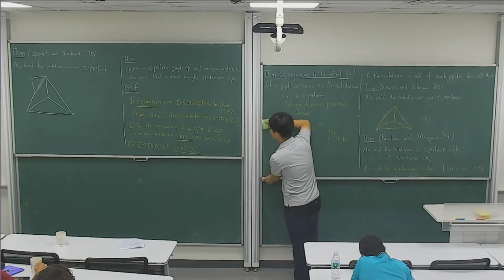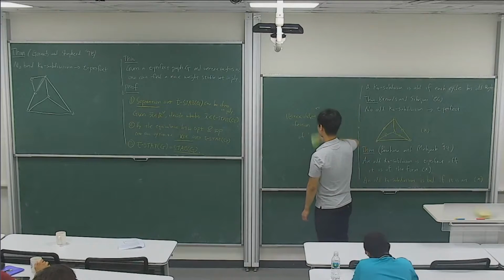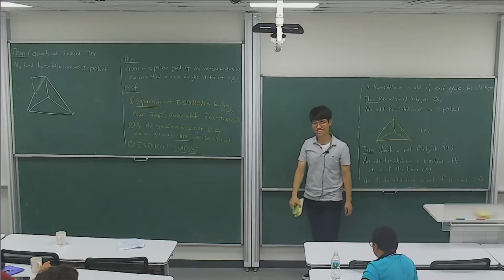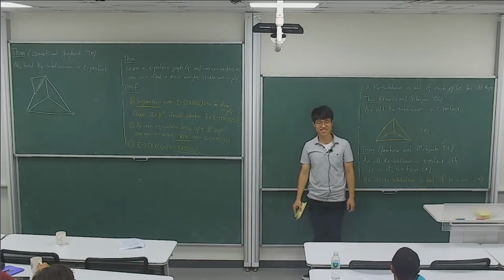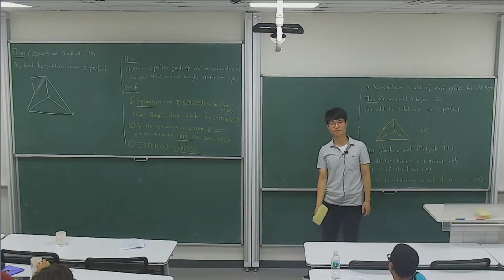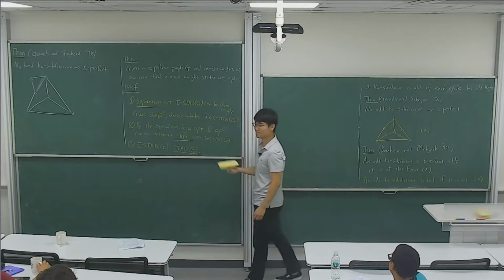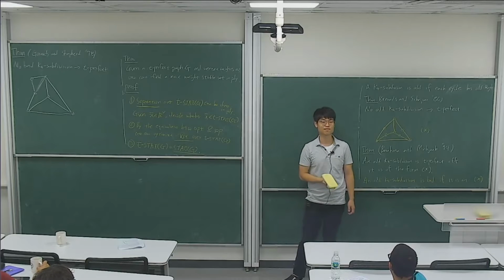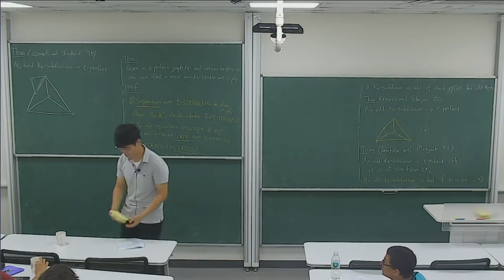Okay. Any other question? So that's not known. People conjecture that it can be done in polynomial time. Every non-class can be recognized in polynomial time, but not in general.